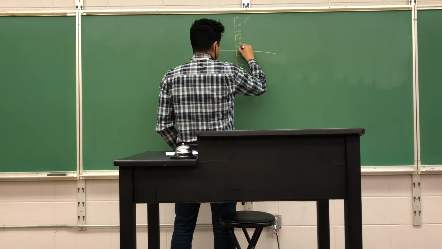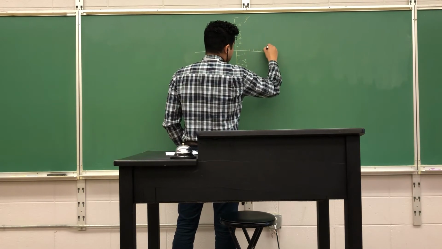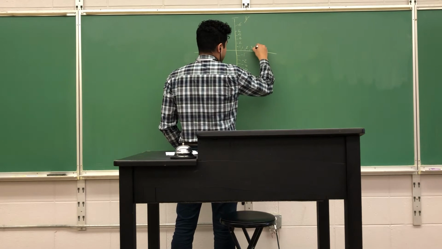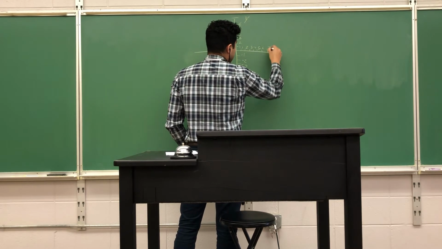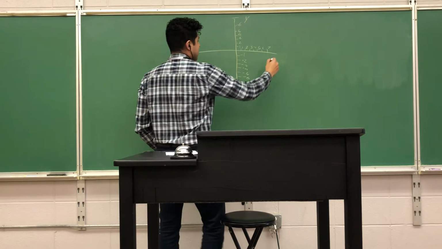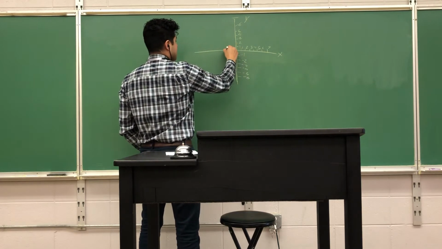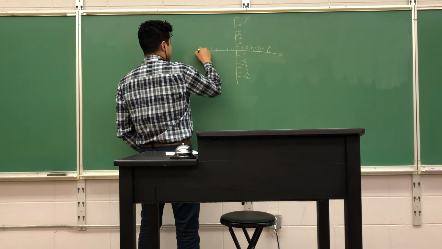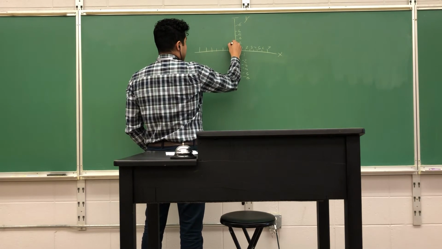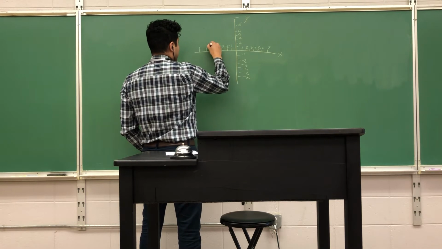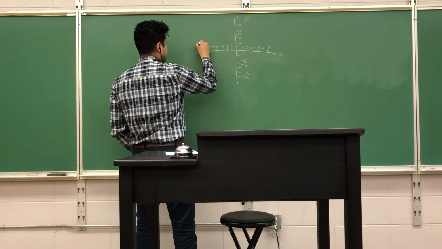Okay? Now for x, you're going to do the same thing. To the right, you're going to have your positive numbers 1, 2, 3, 4, 5, 6, 7, and so on. And that's your x-axis. Then your negative numbers on your x-axis are to the left: -1, -2, -3, -4, -5, -6, -7.